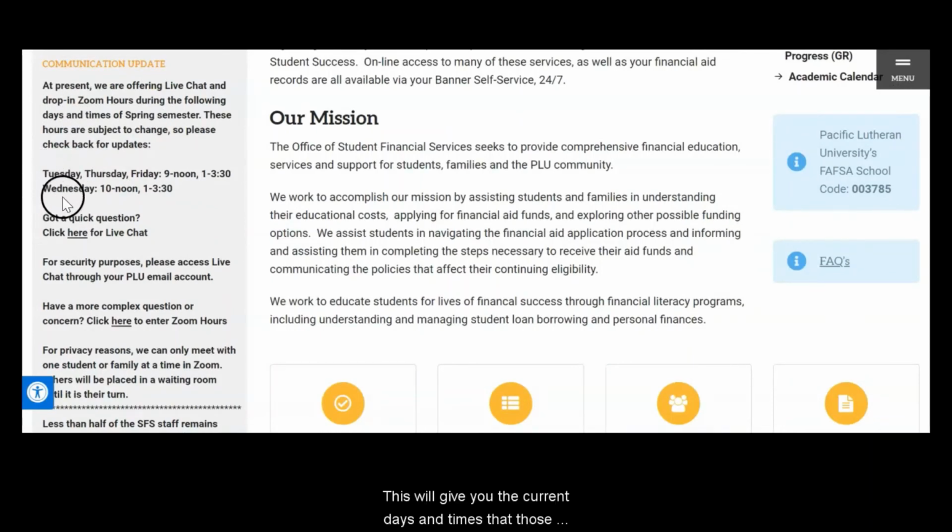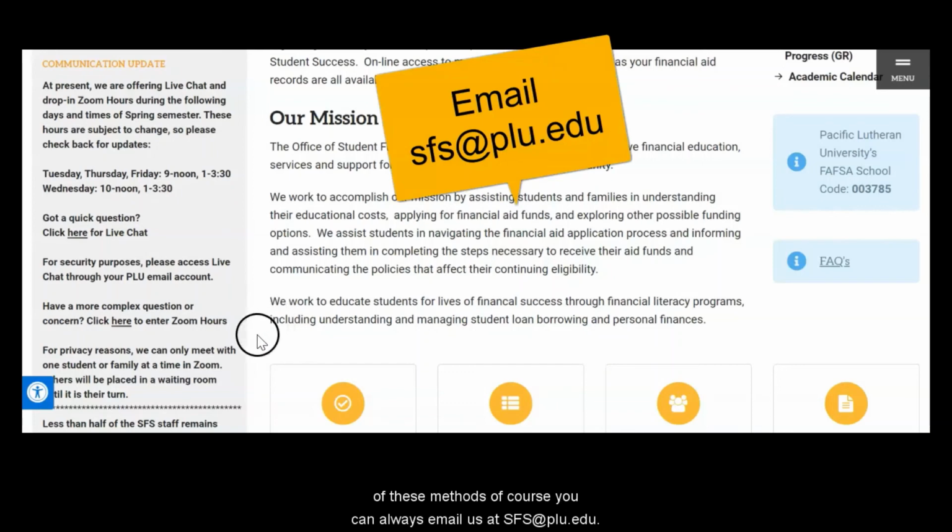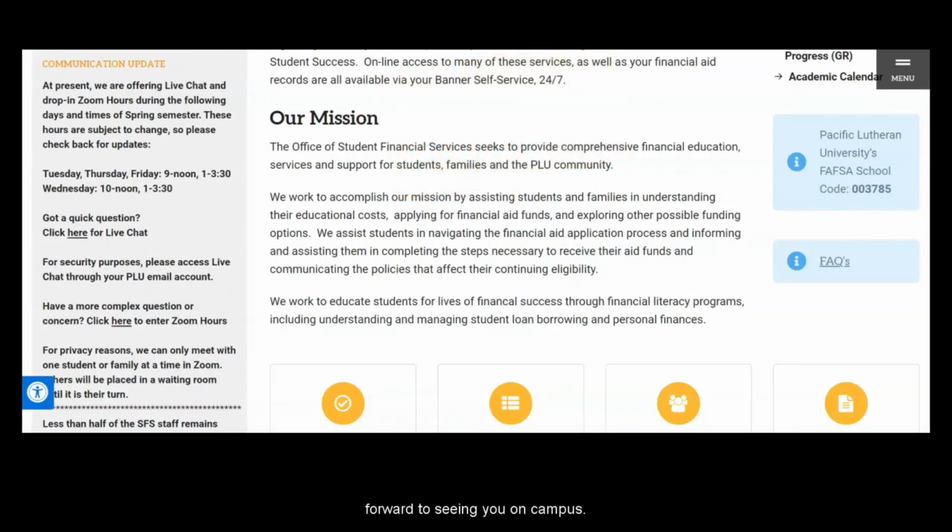This will give you the current days and times that those services are available. Live chat is really best for quick questions, and if your question is a little bit more complex, go ahead and click here for our Zoom hours. Most financial aid questions can be resolved through one of these methods. And of course, you can always email us at sfs@plu.edu.